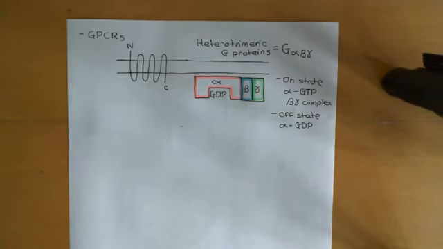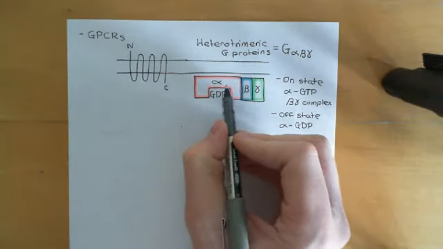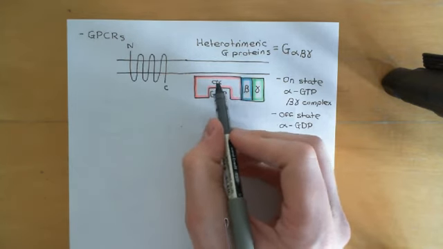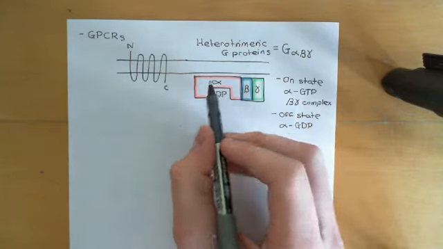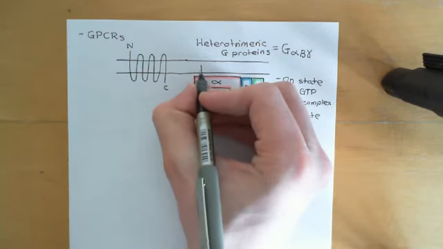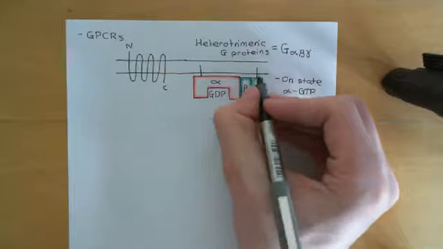The other thing to say is that the subunits of the heterotrimeric G proteins are attached to the plasma membrane via lipid moieties which have been attached to them. Okay, so the alpha subunit has a lipid moiety attached to it, which implants into the inner leaflet of the phospholipid bilayer, and so does the gamma subunit.